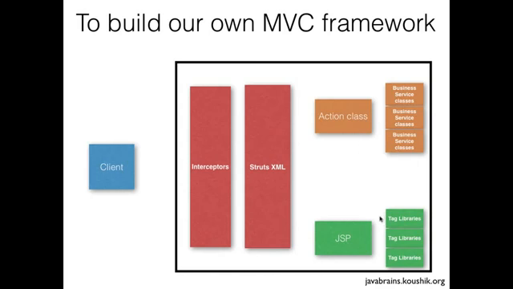And then, as far as the tag libraries are concerned, Struts2 provides some standard tag libraries that you can use inside your JSPs, and that simplifies a lot of effort. And then finally, it has a module that reads an XML. Yes, it is the struts XML. You configure all your interactions in your struts XML, and you can say, okay, for this URL, this action class has to handle.